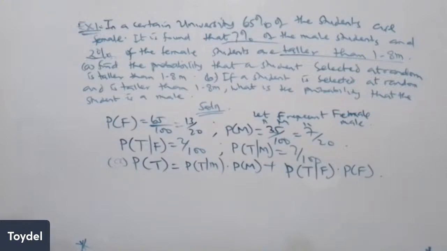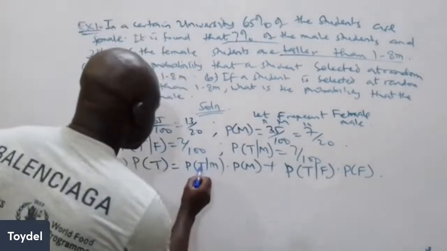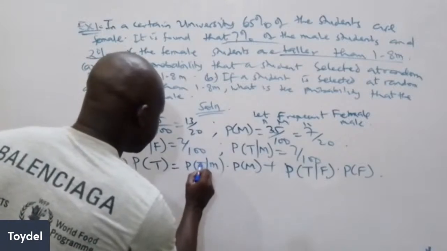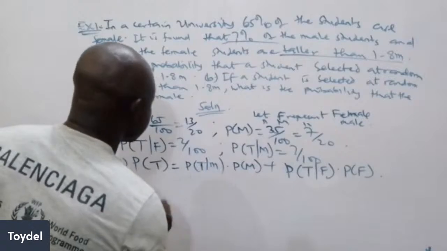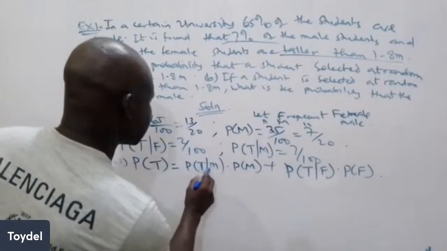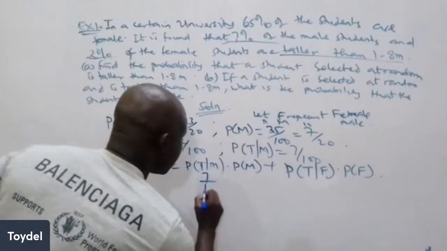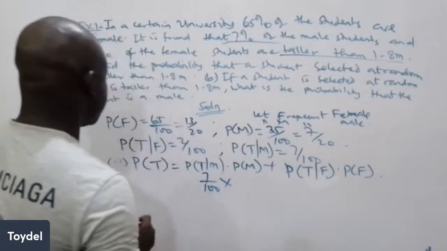So what is the probability that the student is taller, given that the student is a male? The probability of T given M is 7 over 100, multiplied by the probability of male.